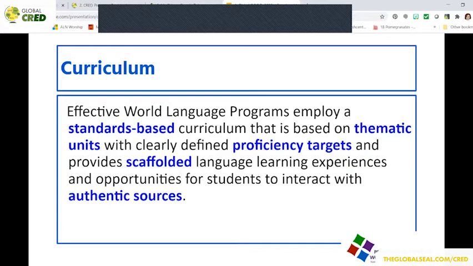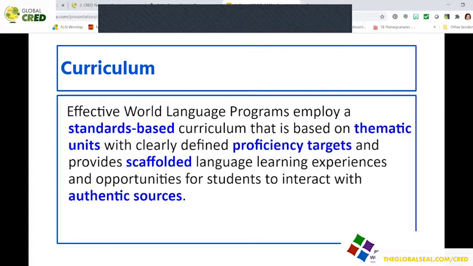So standards-based. For us here in the United States, that would definitely be based on at least the ACTFL standards, looking at state standards that could be language as well as content standards. You want thematic units with clearly defined proficiency targets, and those proficiency targets, again, are usually defined by ACTFL and possibly by your state standards.